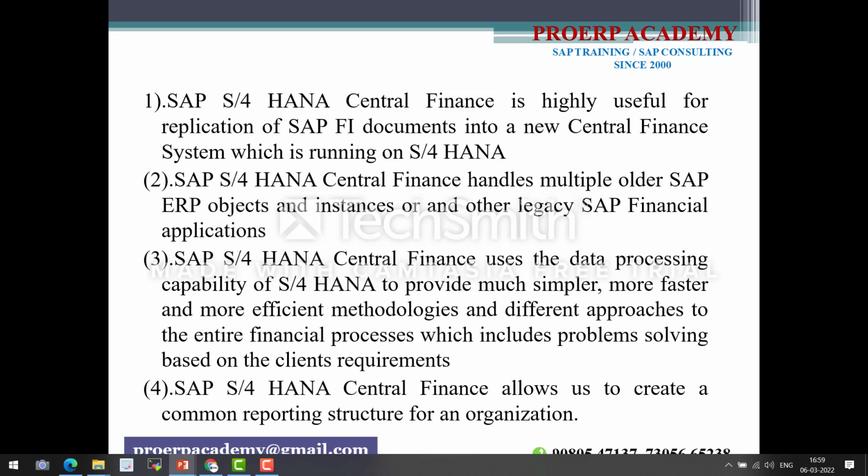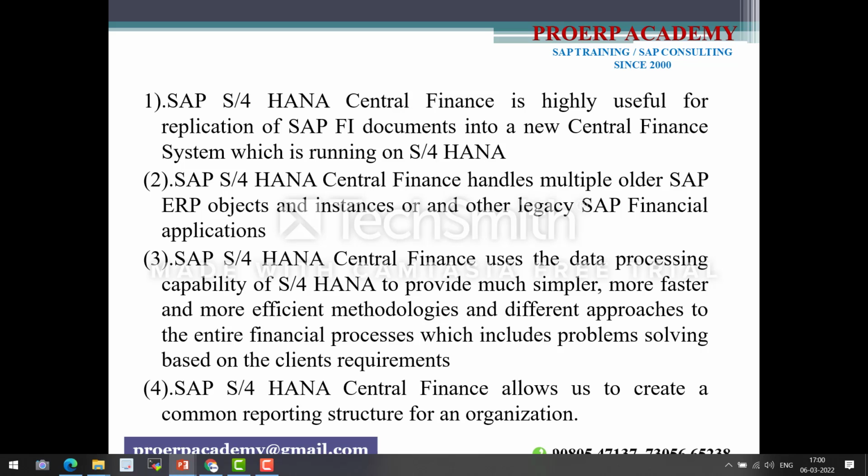And we also have more important configuration from the SAP CO side, that is the controlling side, starting from controlling area configuration, followed by cost center accounting, profit center accounting, product costing, internal orders, and COPA, that is controlling and profitability analysis configuration, and many more configurations like planning and budgeting.